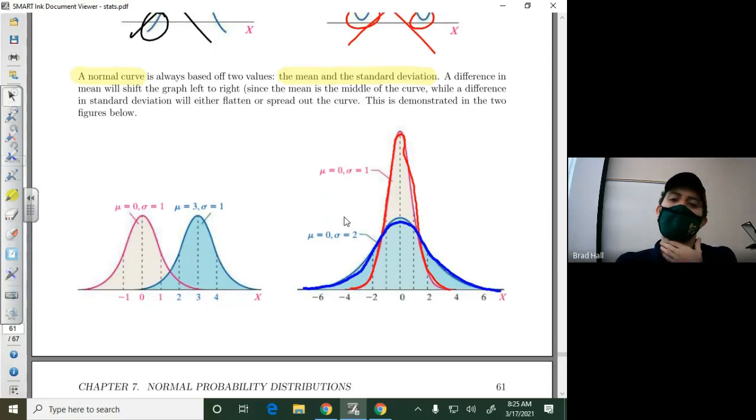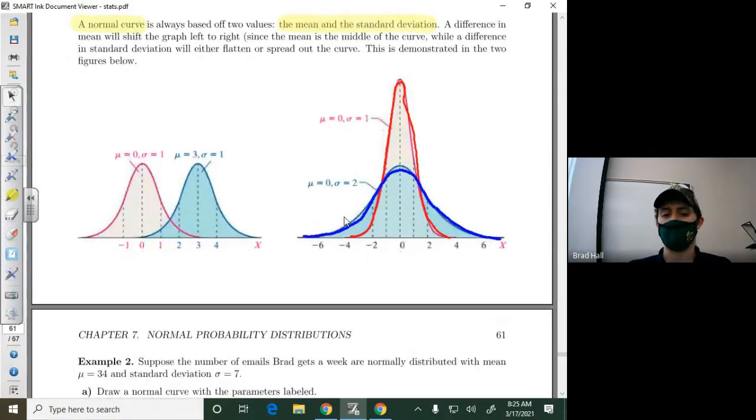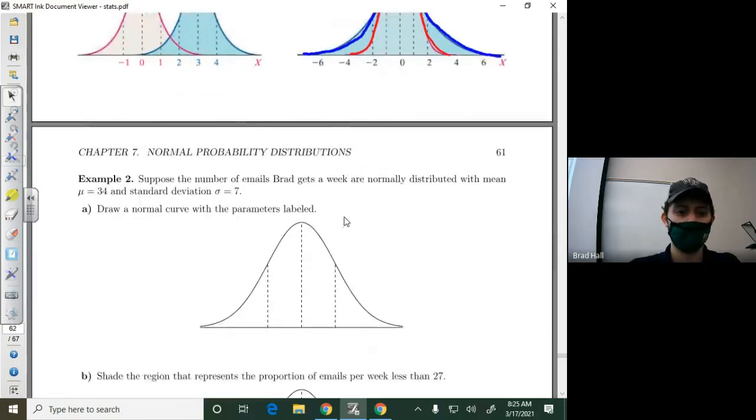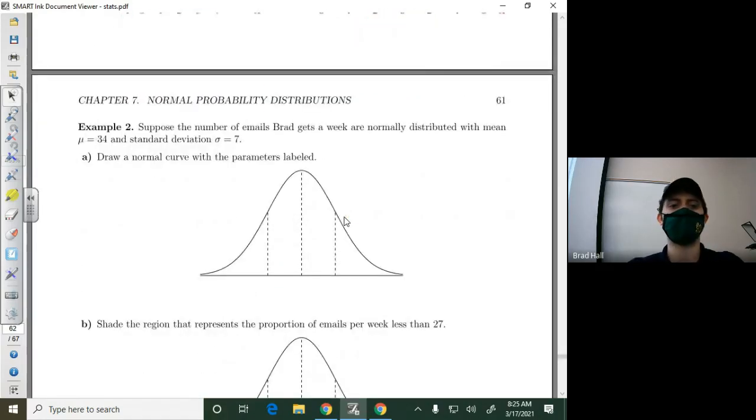But let's go ahead and see how we would construct such a normal curve if we're given a template. So it's very minimal work on our ends. So suppose the number of emails Brad gets in a week is normally distributed with the mean, so I get about 34 emails a week, give or take, and a standard deviation of 7.